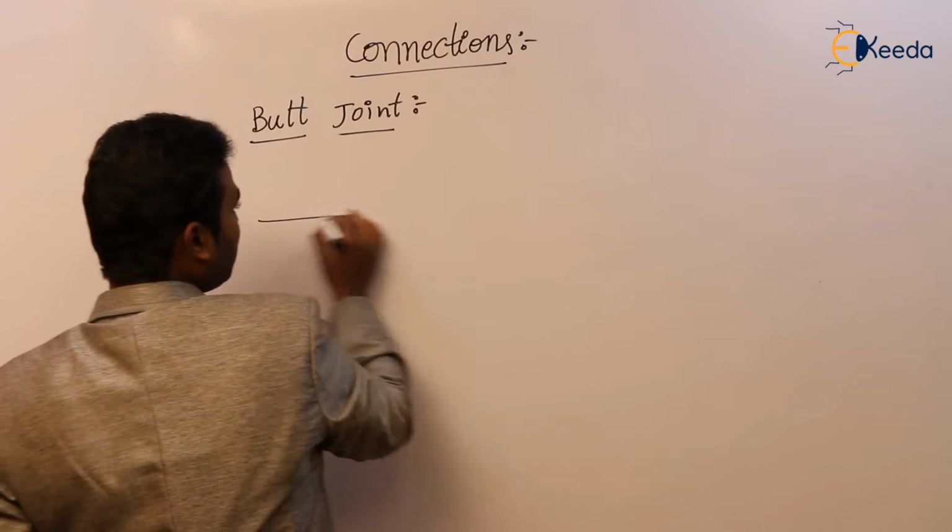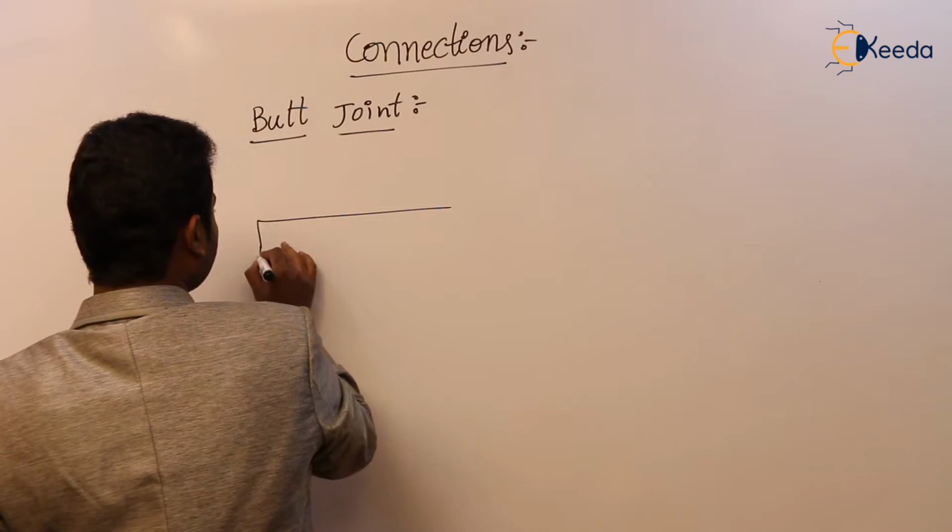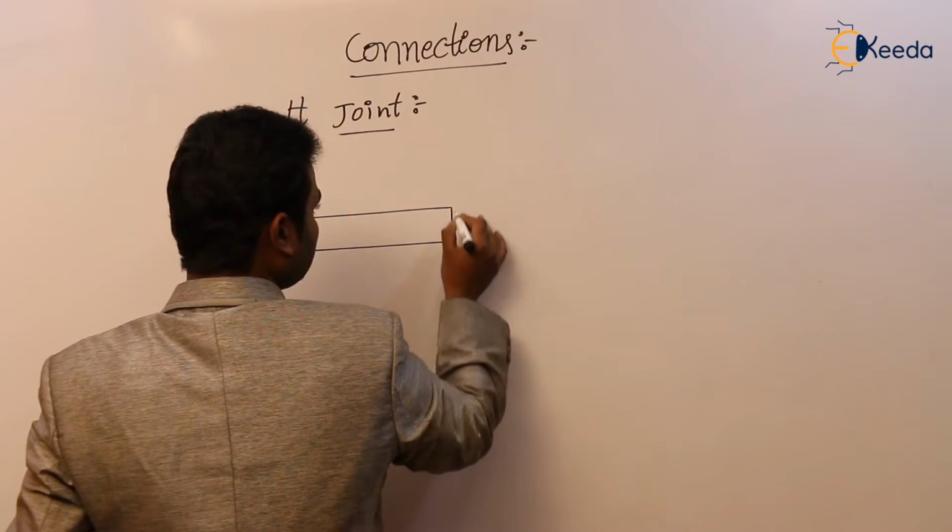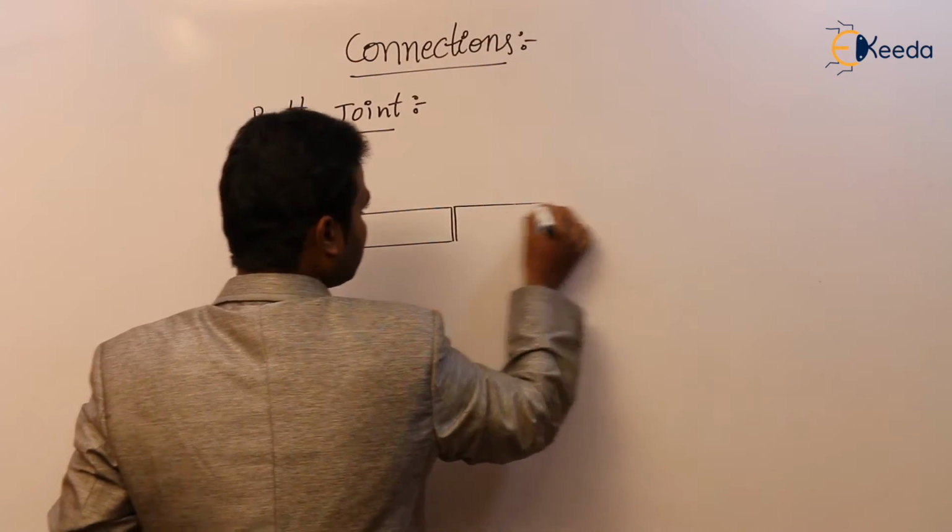So now butt joint. This is one member and this is another member. So it is an end on end connection.